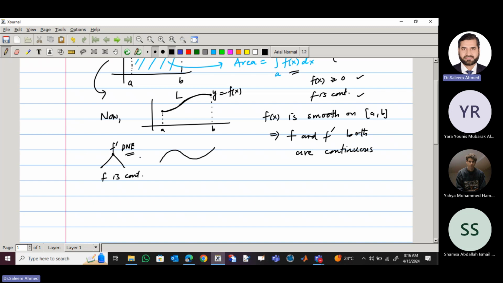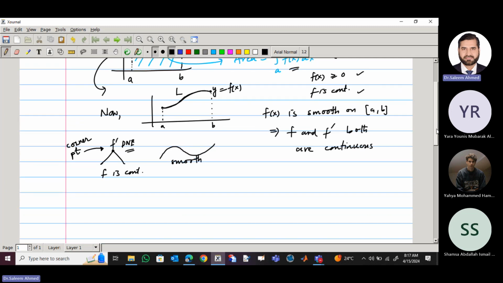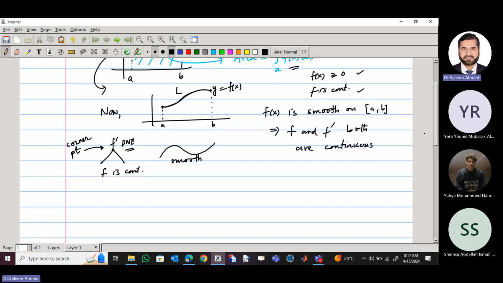This is a smooth turn, so there should be no sharp turns. This is a corner point, so no corner points should be there. Most polynomials, exponentials, sine and cosine are all smooth functions, so we should not worry about that.